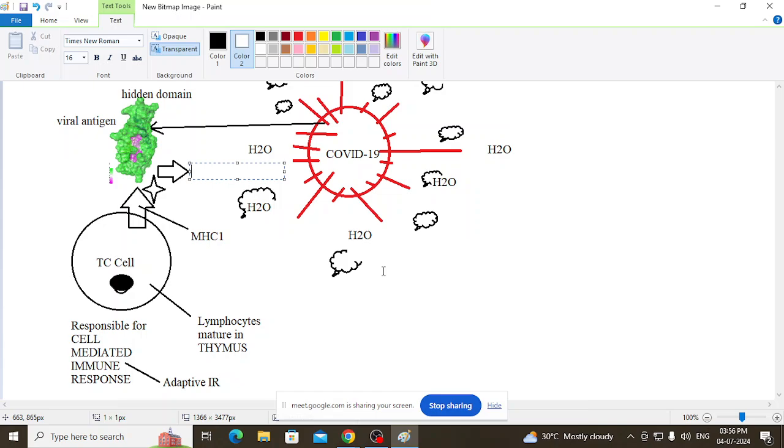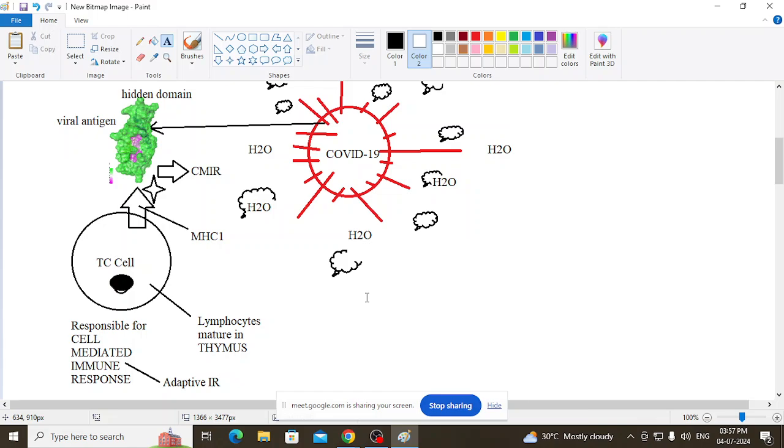So it leads to the cell mediated immune response. Cell mediated immune response means the antigen will be killed. At the same time, the virus itself, where this antigen tag is there, will also get killed. So this is the whole idea.